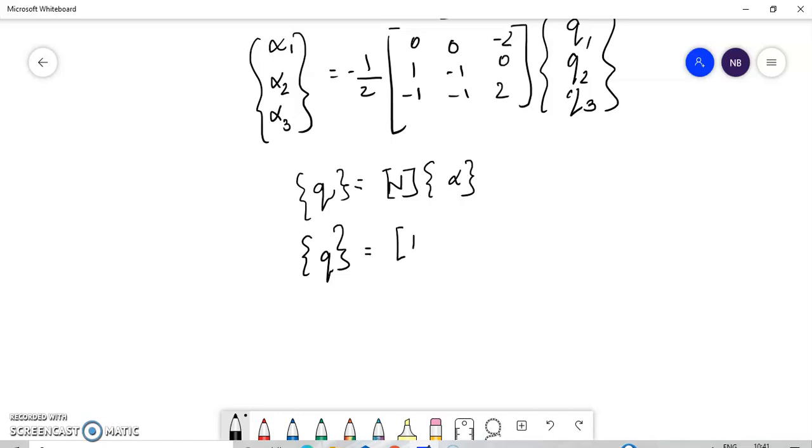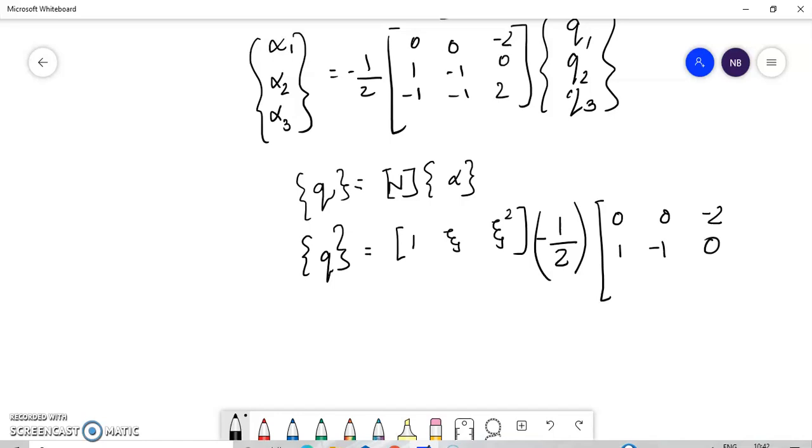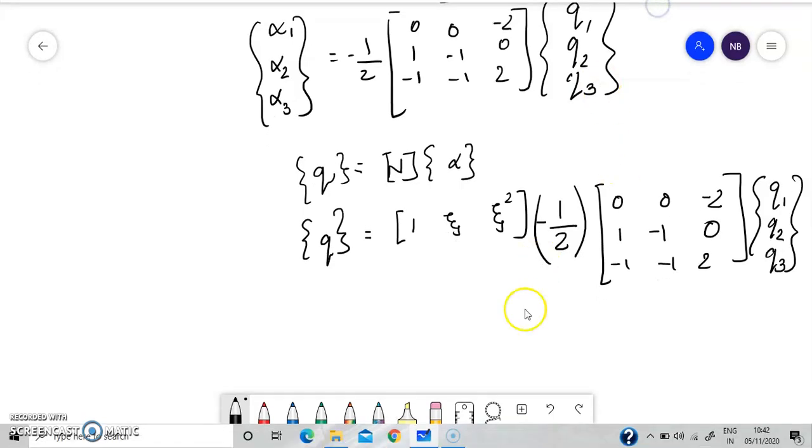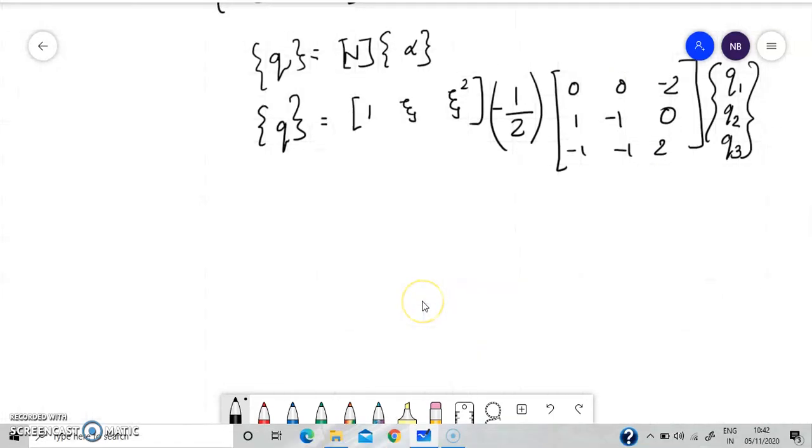So it is 1, zeta, zeta square, and alpha 1, alpha 2, alpha 3 is minus half into this bracket matrix into q1, q2, q3. This is a 1 by 3 matrix and this is a 3 by 3 matrix.